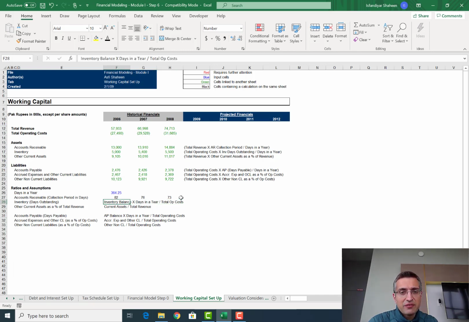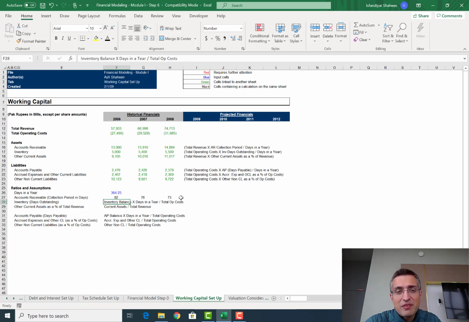Similarly, with inventory, inventory will be tied to operating costs, because this is how many spares and parts and stuff that you're keeping in your warehouses to ensure that when something breaks down, you have it readily accessible.